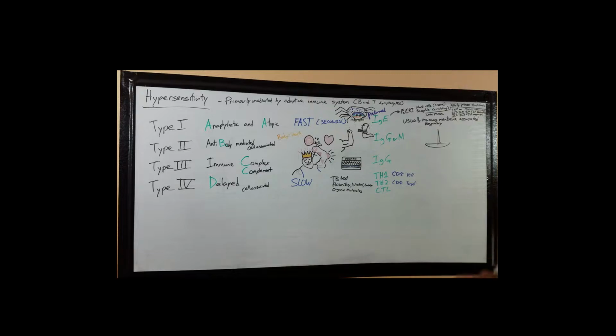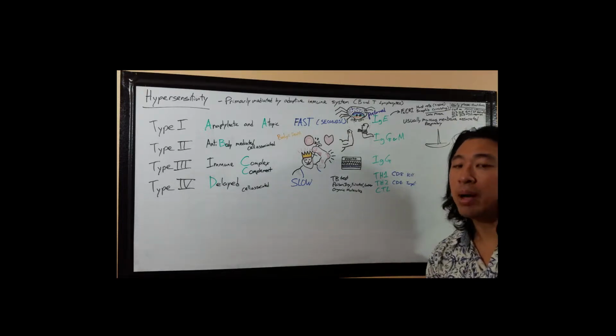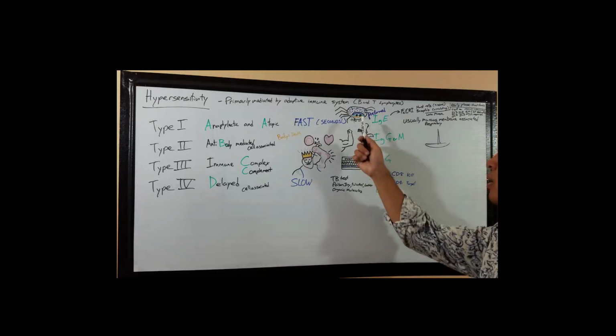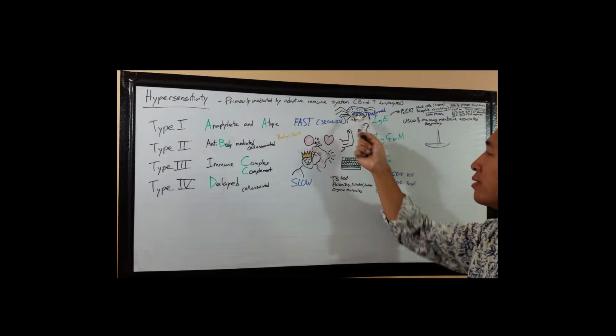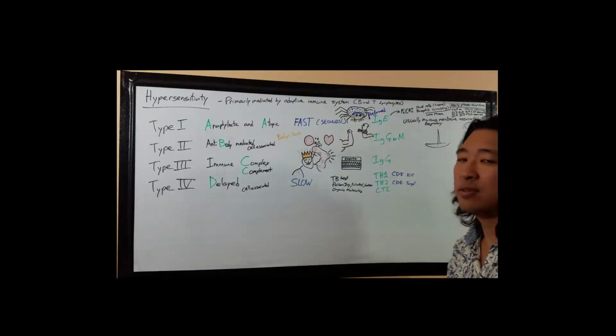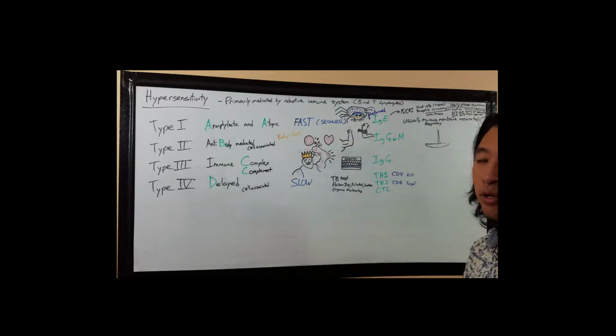And the early phase is remarkable for the release of arachidonic byproducts, which are going to be inflammatory molecules. Over here, we can see that this guy has a bunch of dots. It's an arachnid, okay? That's going to help us remember that in hypersensitivity type 1, the early phase has to do with the arachidonic release.